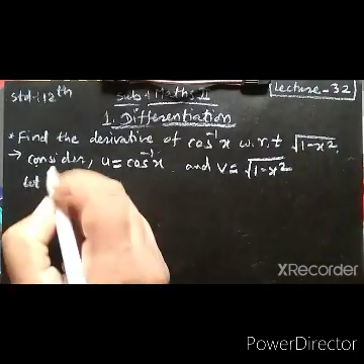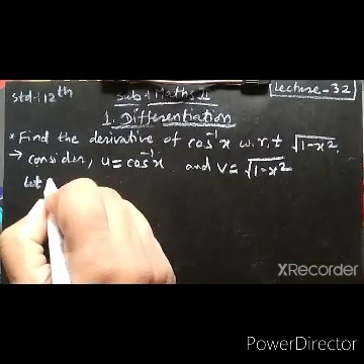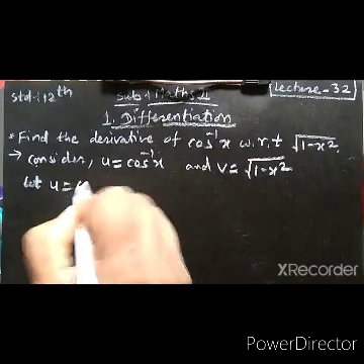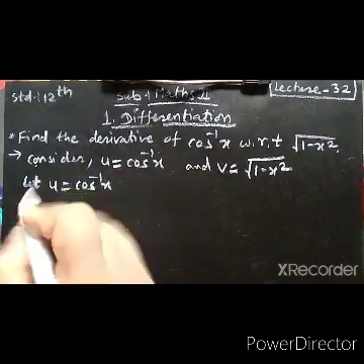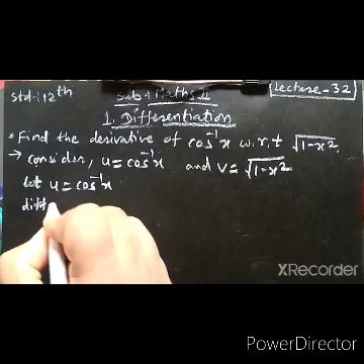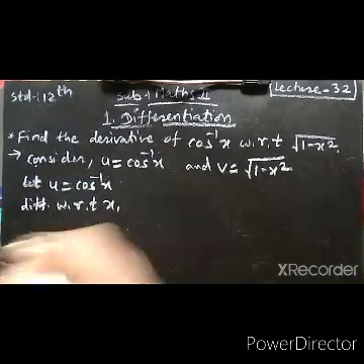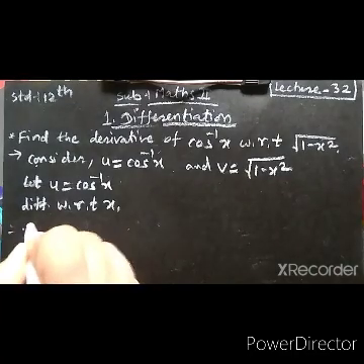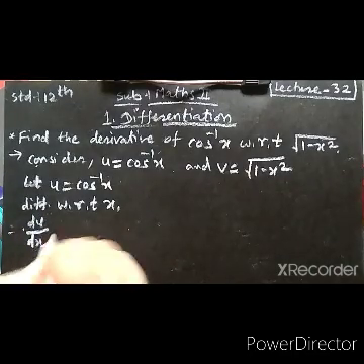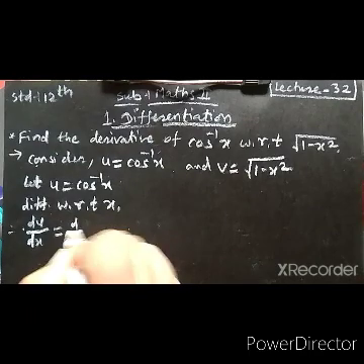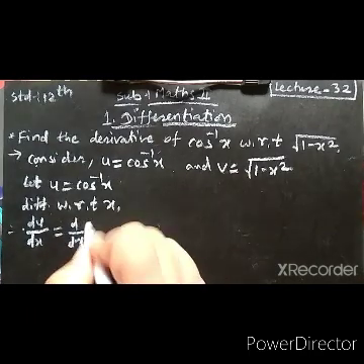So let u is equal to cos inverse x, differentiate with respect to x. Therefore, du by dx is equal to d by dx of cos inverse x.